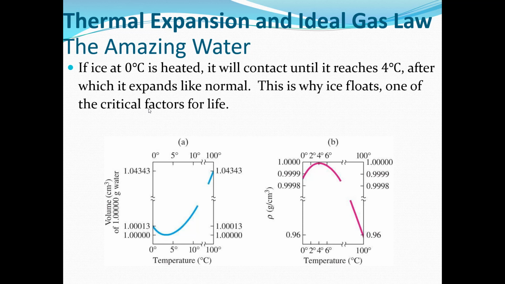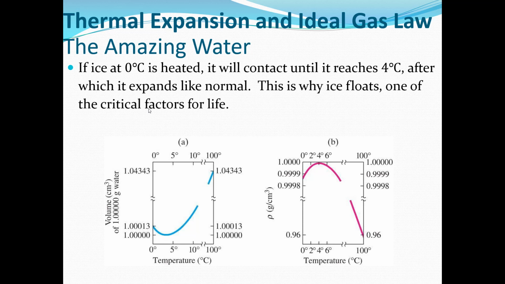So that's one of the reasons why we're always so fascinated with planets that have liquid water, and why we consider it a place to harbor life: it allows for a nice ecosystem, where when it gets cold, the water won't completely freeze over. If it was the other way around, where ice, because of its density, actually sunk, then any body of water would completely freeze during the summer.